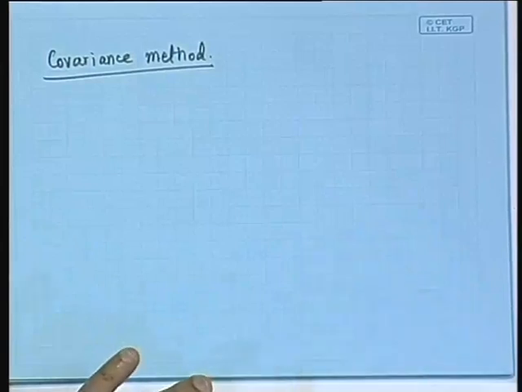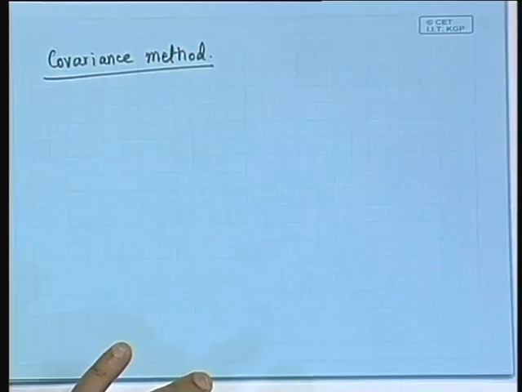Now the covariance method of solution essentially does almost the same thing, but you will see that the definition of the error is a little different. That is why the index of the summation looks different.